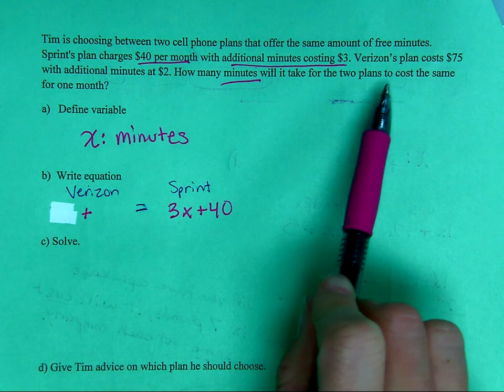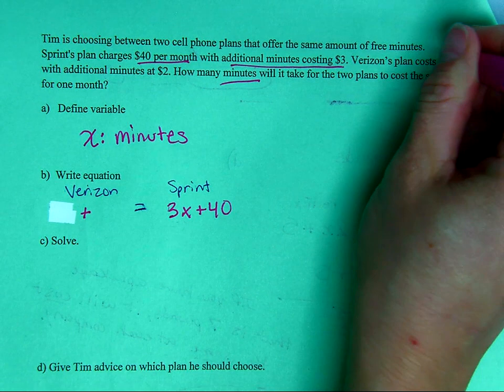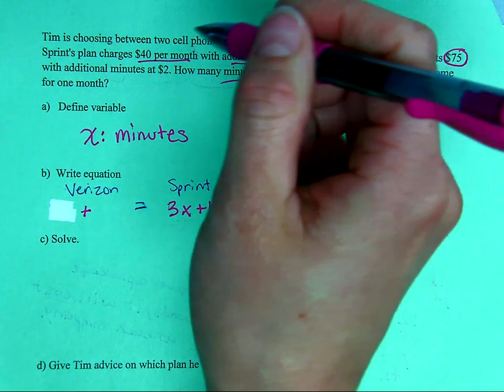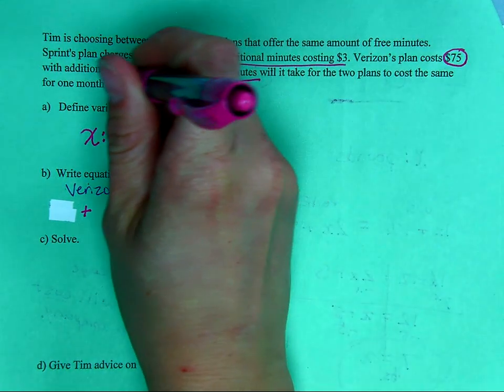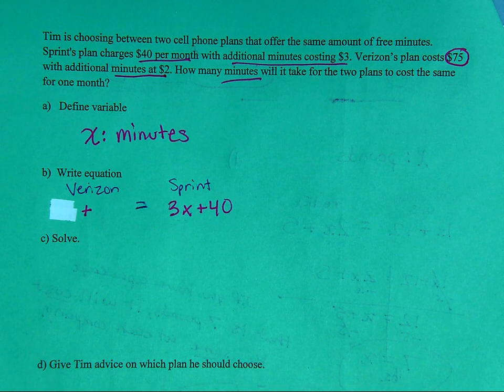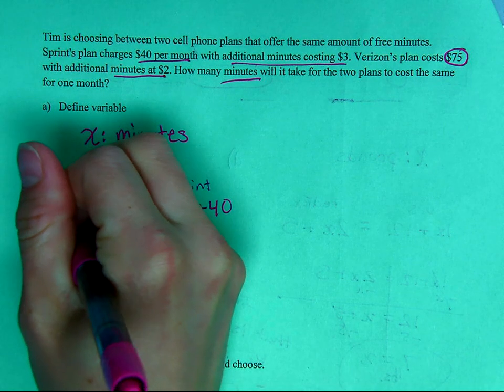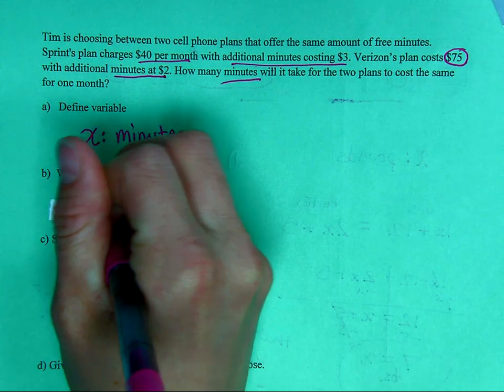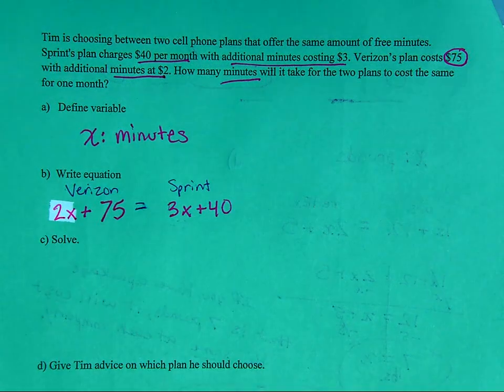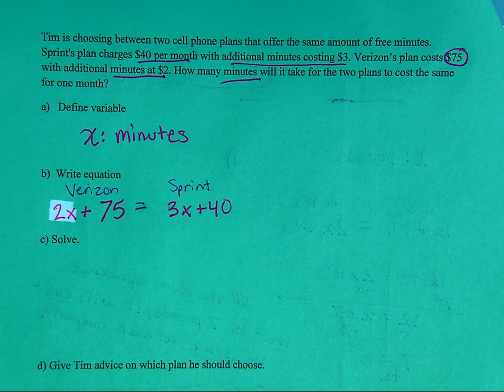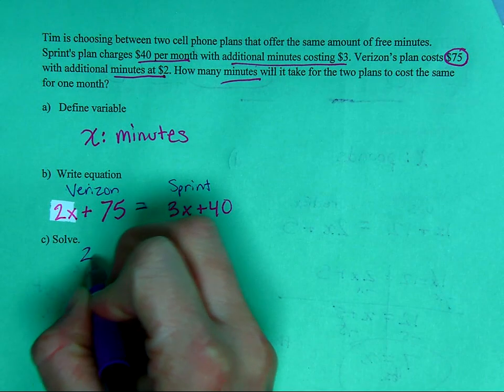So Verizon, I've got $75 for a month and $2 every minute. So this is 2x plus my 75. Again, you could have 75 plus 2x there. So now I just need to solve for x.